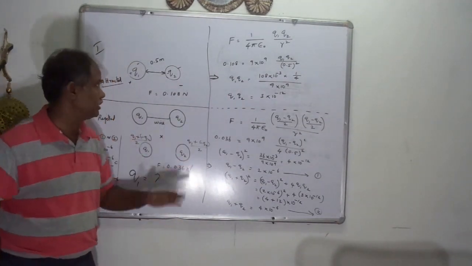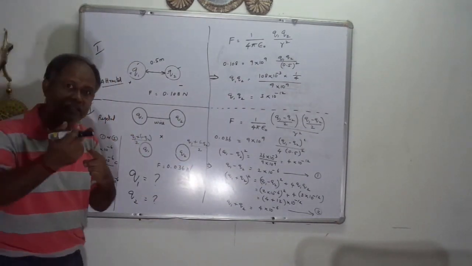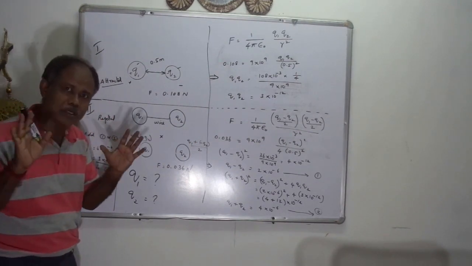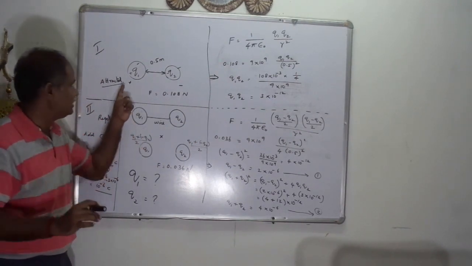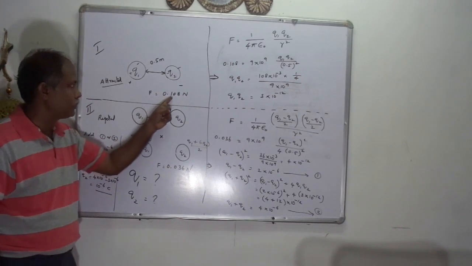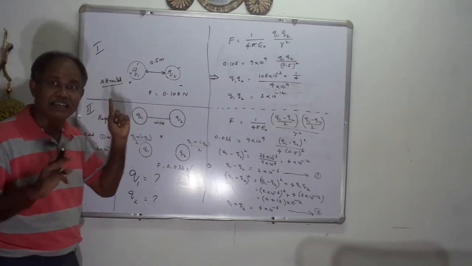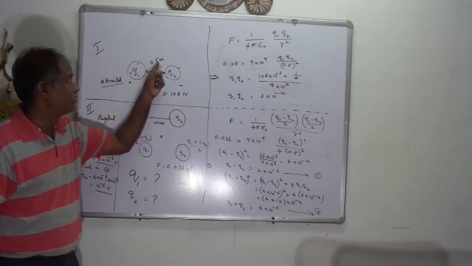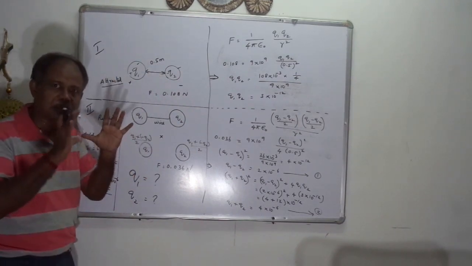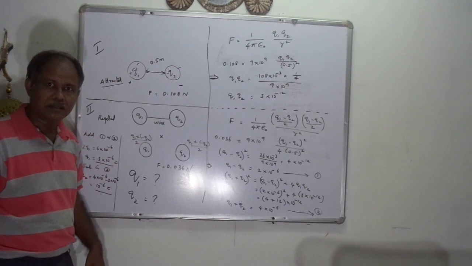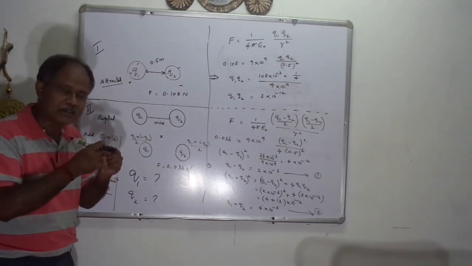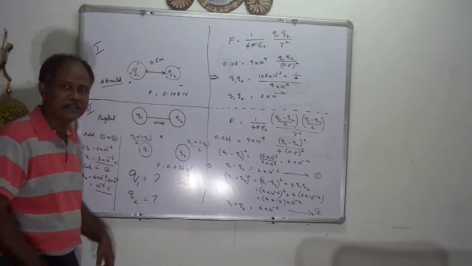Again, repeating the problem: there are 2 charges that repel each other with a force of 0.108 Newton and they are separated by a distance of 0.5 meter. That is the first situation. Now, these 2 charges are connected by a conducting wire.